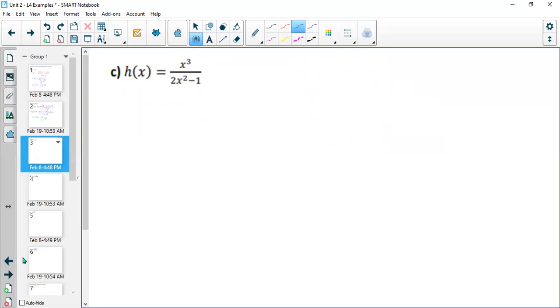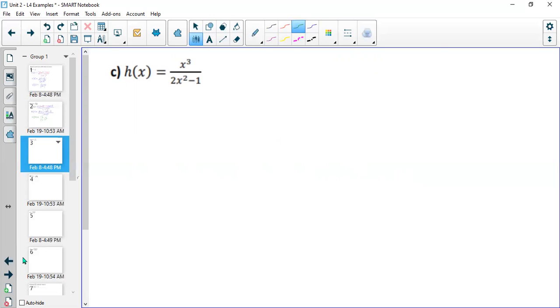Now, you'll notice on the top for the numerator, we have a cubic function. So we know the derivative will become a quadratic function. In the denominator, we have a quadratic function, so we are expecting a linear function for that derivative.